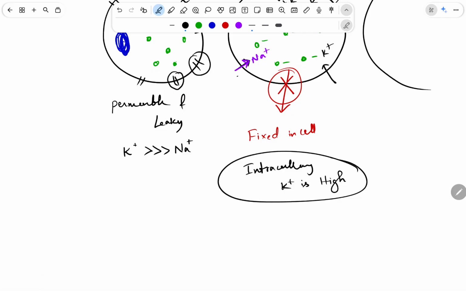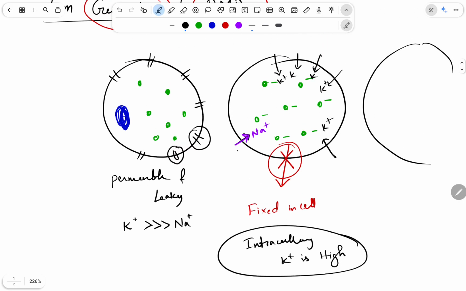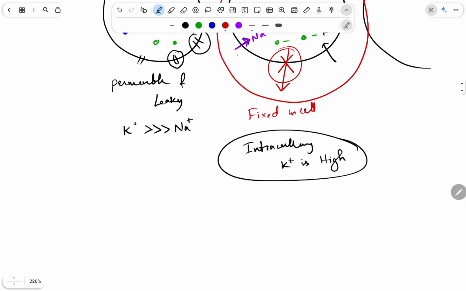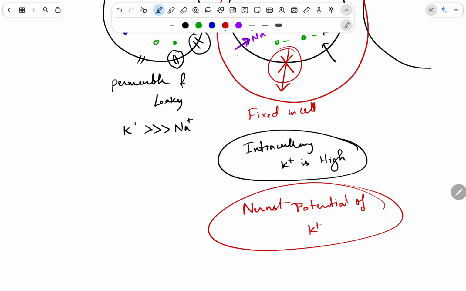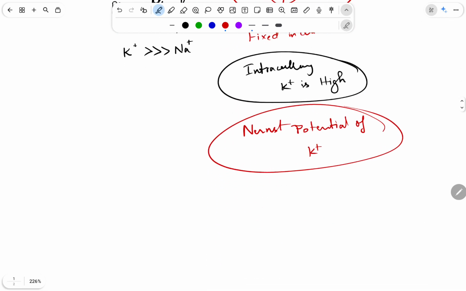Eventually what happens, the sodium also comes inside, but the sodium is not an ion which is desired inside the cell. We will know the reason in a while. So the first movement of potassium here to balance all these charges, this is almost the Nernst potential of potassium established.